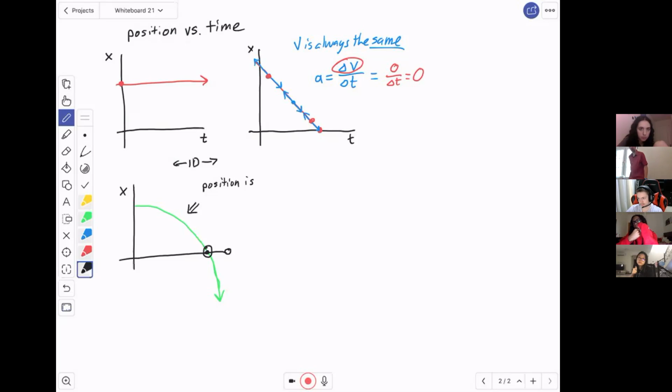Okay, that's position. So when I'm standing right here at the edge of the window, that gives me 0 position. If I'm standing over here, I now have a positive position. Does that tell you which way I'm going? Do you have any information on whether I'm going to the right or to the left based off of my position?